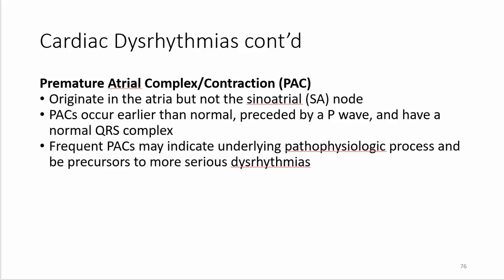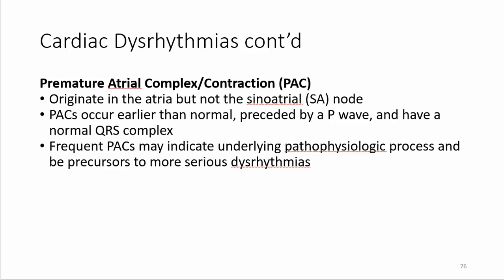Okay, so another thing that can happen in the atria, so it's considered an atrial dysrhythmia, but it's not from the SA node, is an ectopic cause for the atria to depolarize. So this is premature atrial complex, PACs.